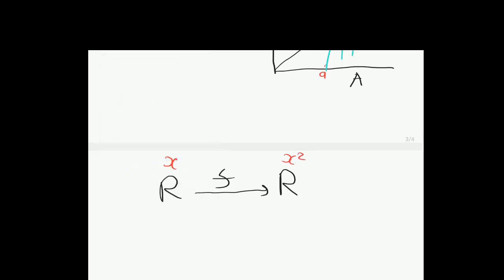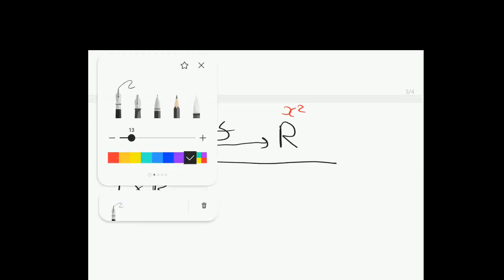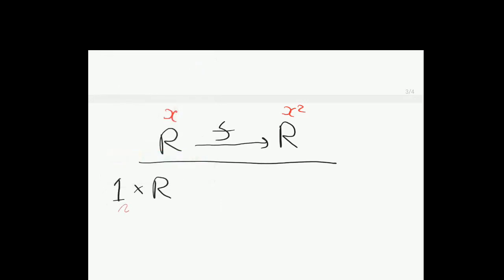Now what I can do is write a sort of equivalent function which works like this. We'll start with an input in this space 1 times R, and so there's only one value of this space 1, which is star, so the input must be of the form star comma x.